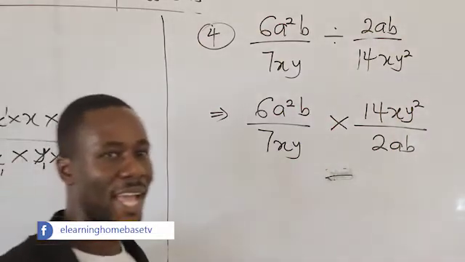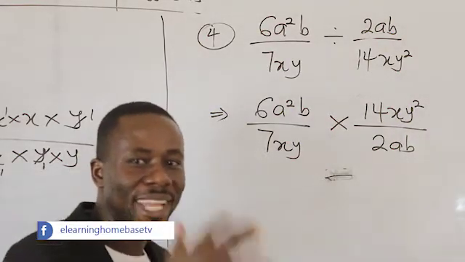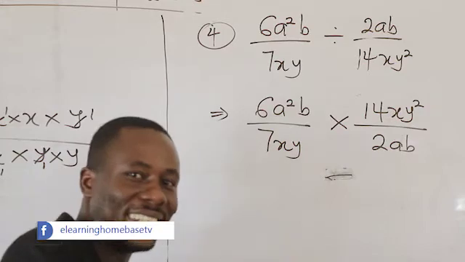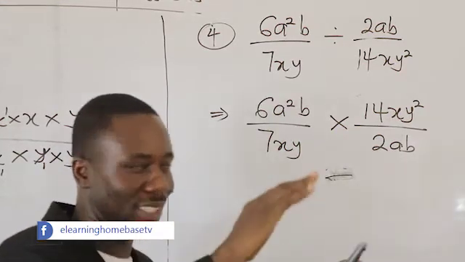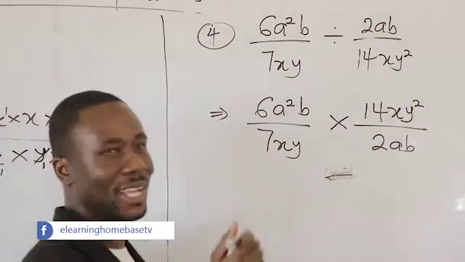So from here, deal with the numbers separately and then deal with the variables. It is still multiplication.